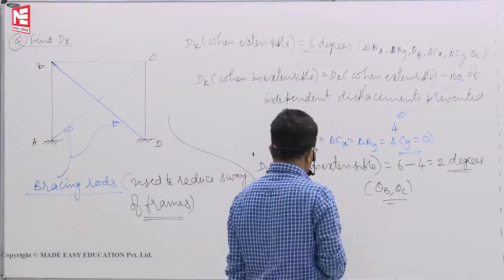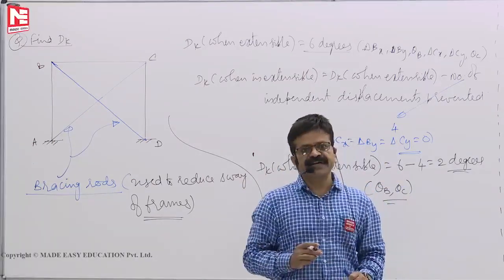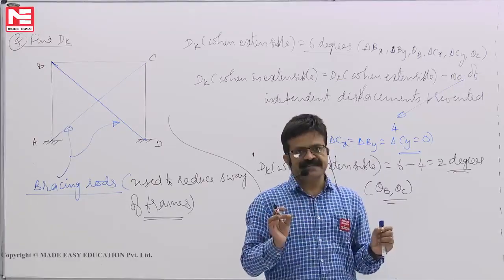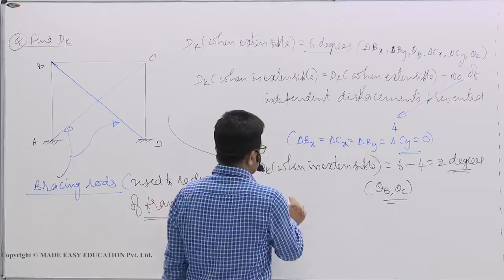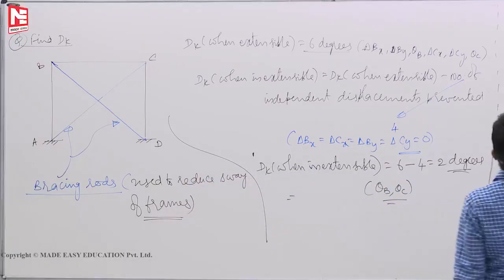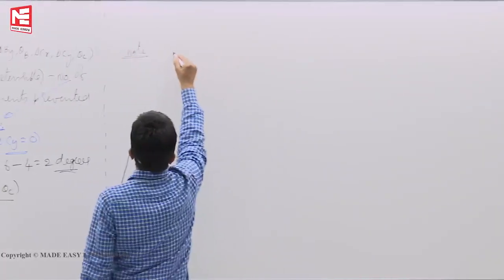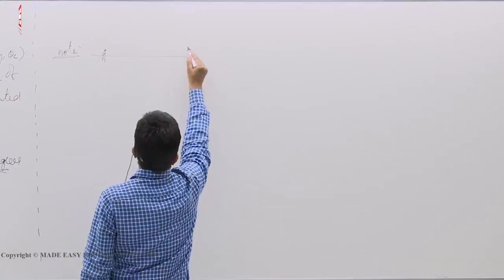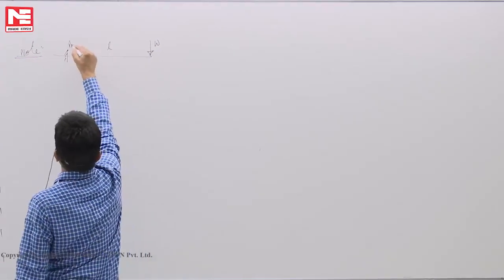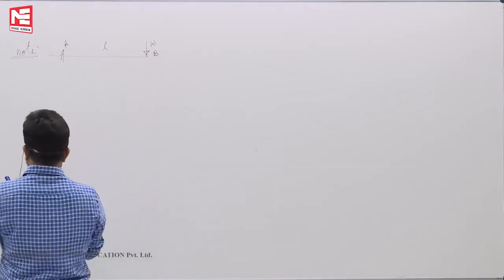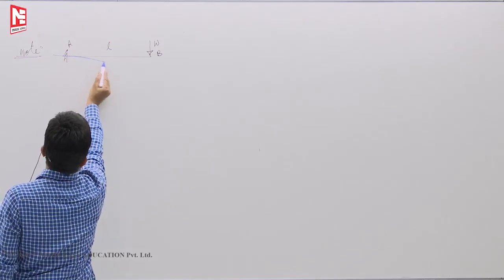Then you will get a doubt: how can they rotate without elongating, since length will increase when they are rotating? That means they have to displace, but they are second order displacements. See, what it means is, note, supposing that you have a member like this, load W, length L, with points A, B. If it bends, it will bend like this.